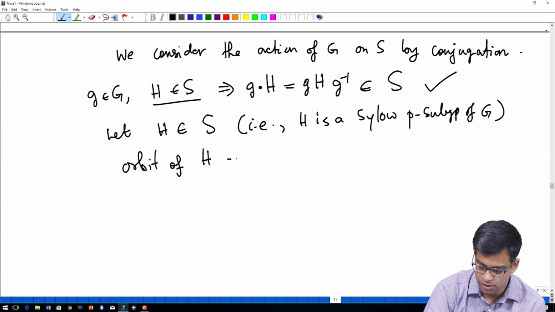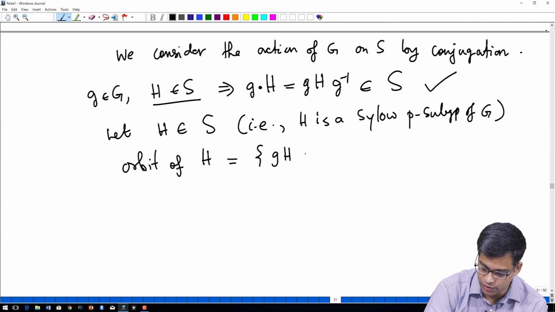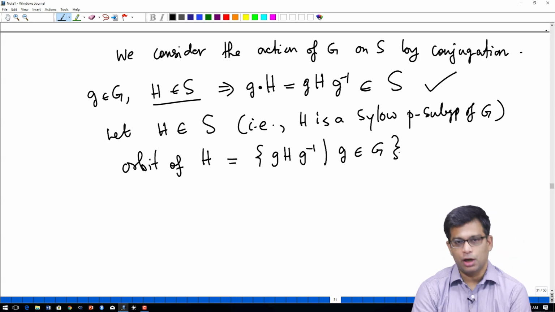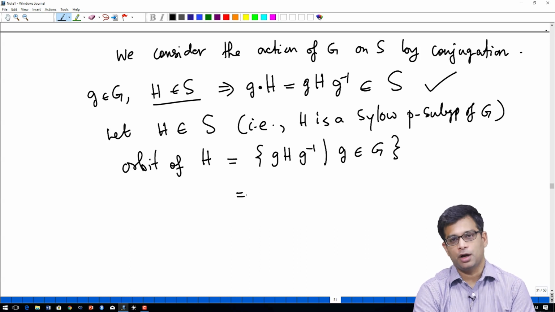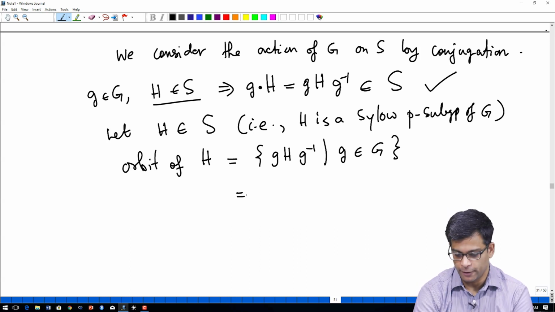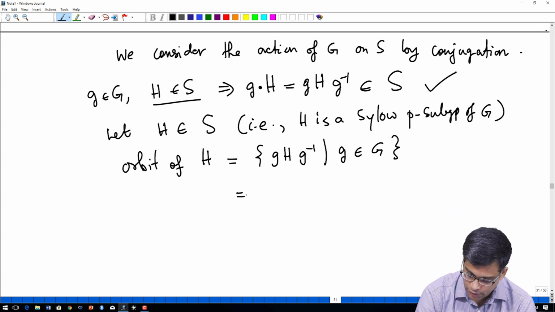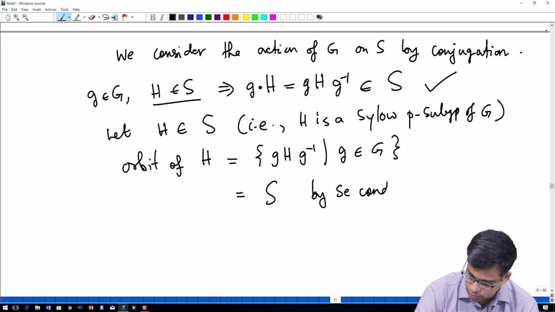The orbit of H is all gHg inverse where g is in the group G. Now, remember gHg inverse are all Sylow P subgroups, that is okay, but by the second Sylow theorem this is all of S. Correct?